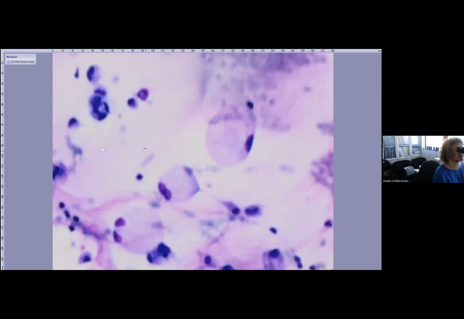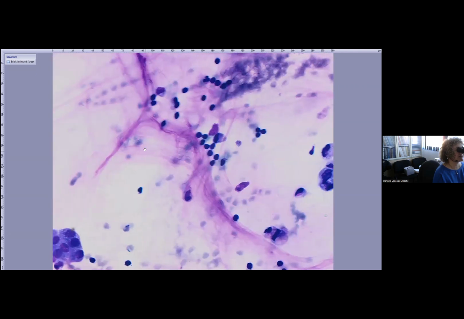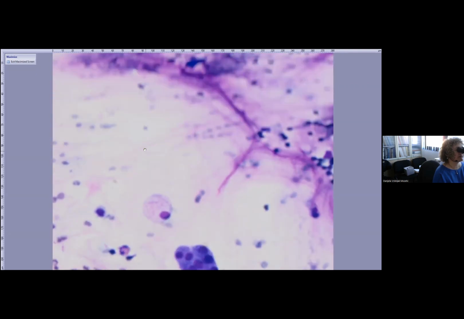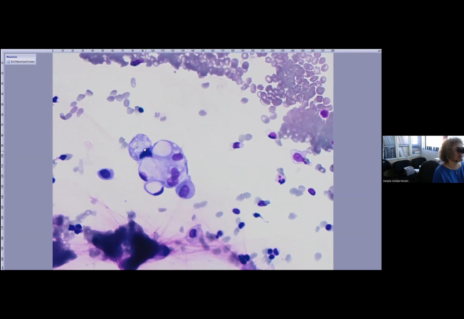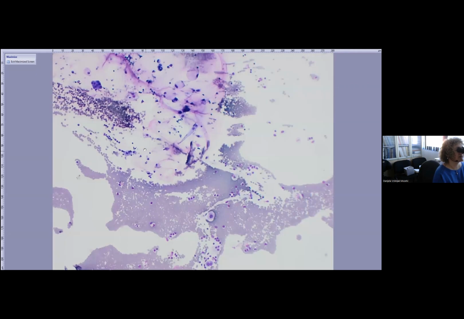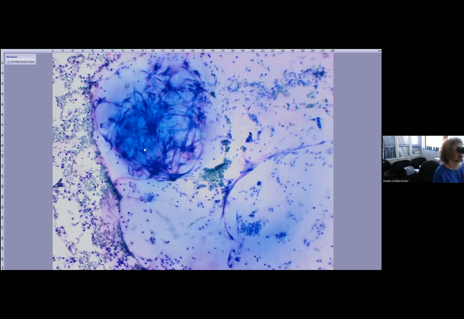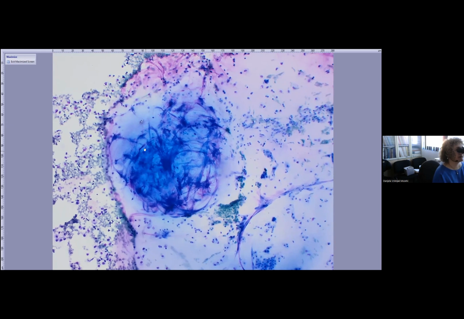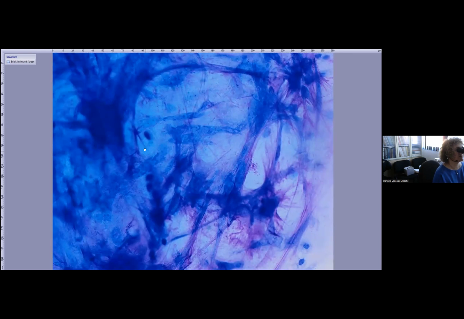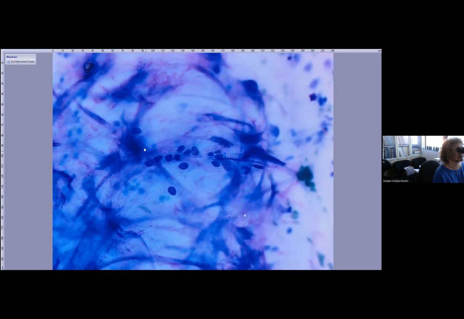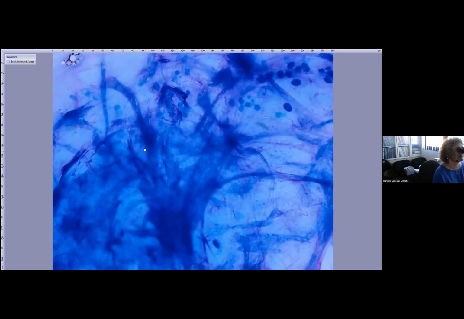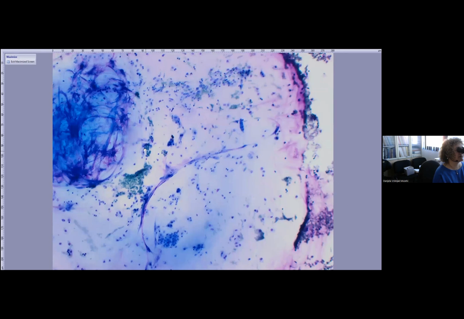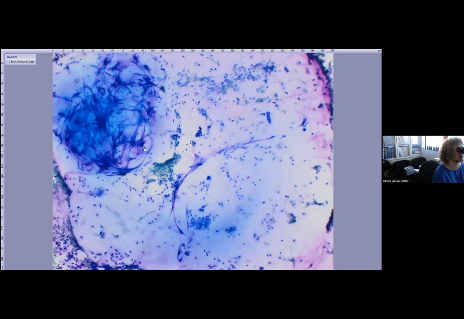Some macrophages, lymphocytes, not so atypical by the look of the nuclei, but certainly you see them. It is not very cellular, but you can see here mucus, strings of mucinous material with the cells or nuclei inside. So this kind of preparation has to raise a suspicion of some mucinous tumor.